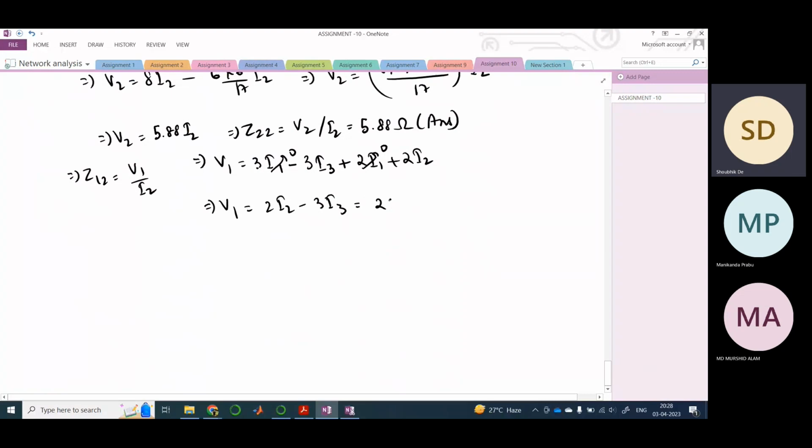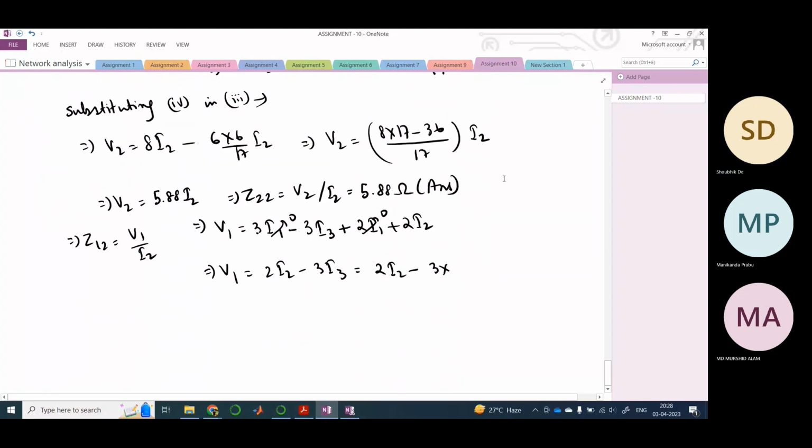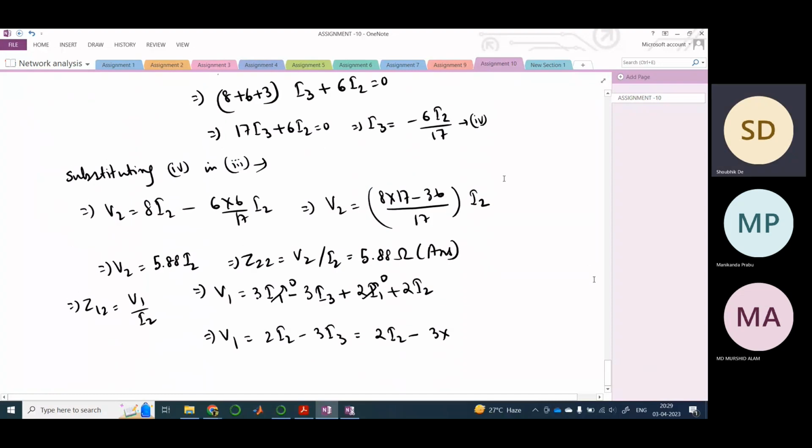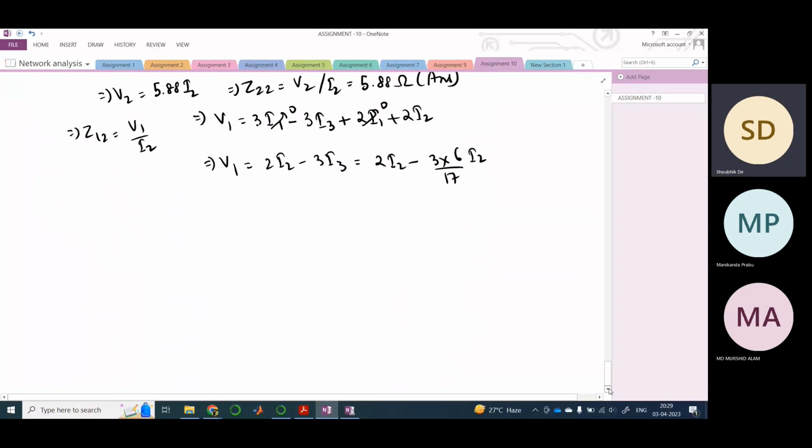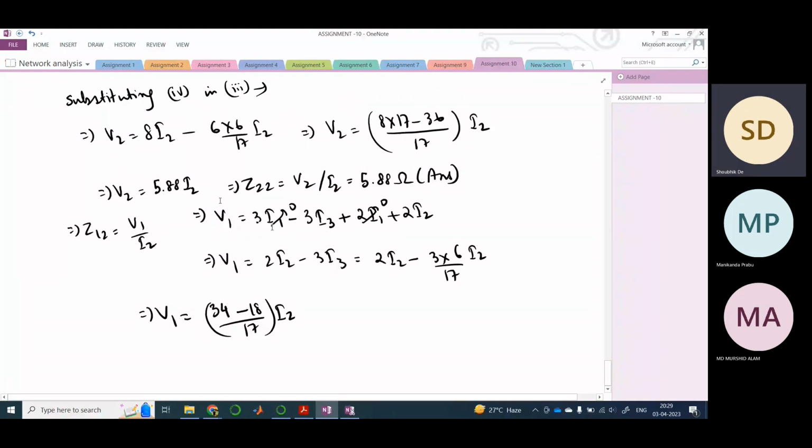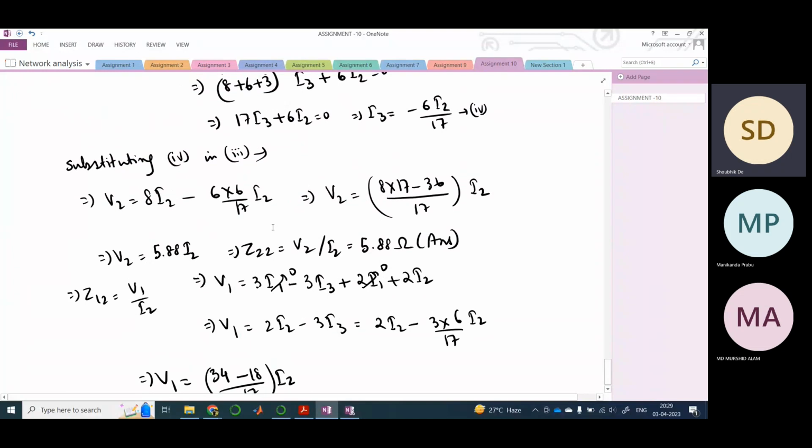And just substitute this I3 with minus 6I2 by 17. So your V1 is how much? 34 minus 18 divided by 17 I2. I made a mistake somewhere.